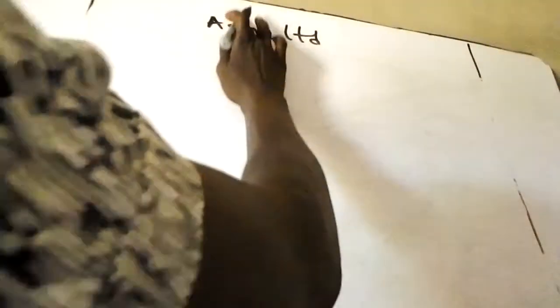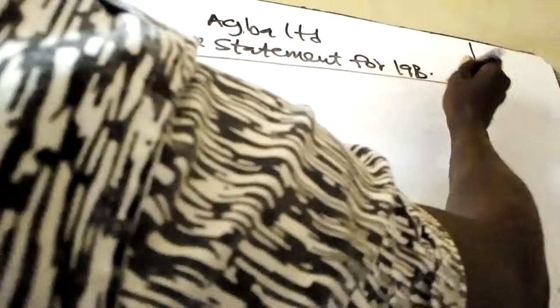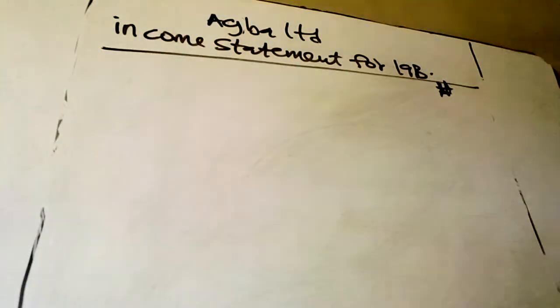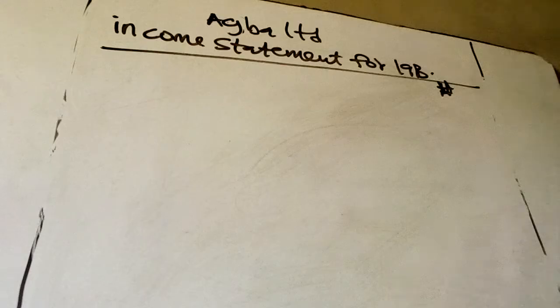Now let's have the income statement. Agba Limited income statement for 19B. Remember, you were told that an additional fixed marketing expenses of 11,250 will be incurred.